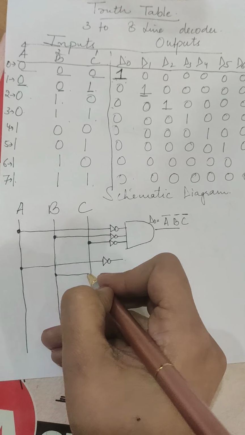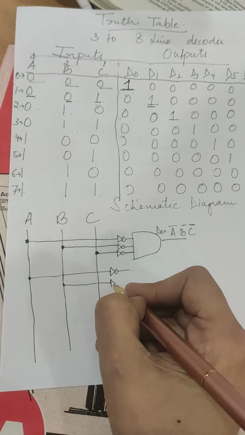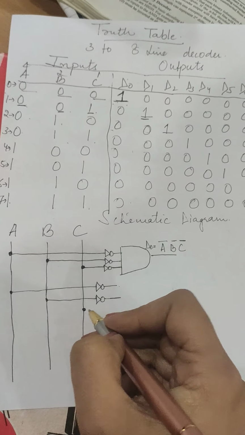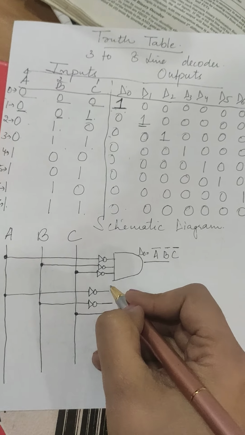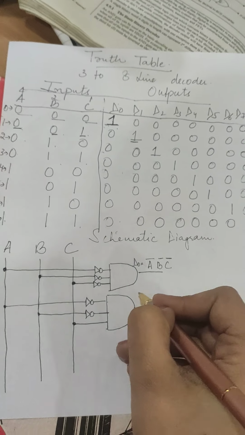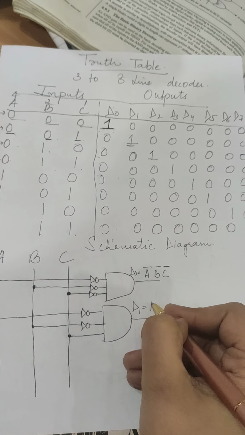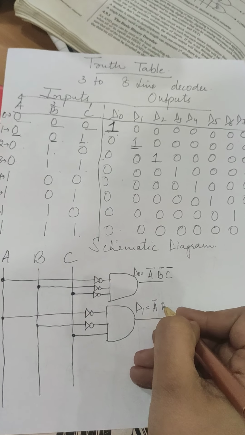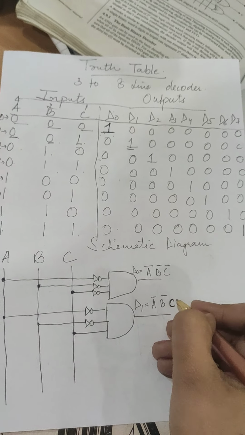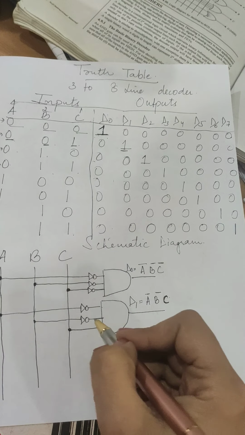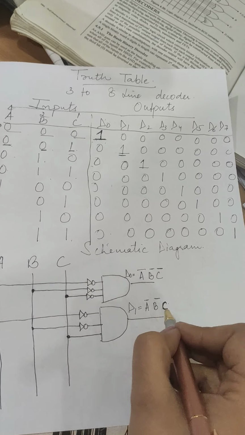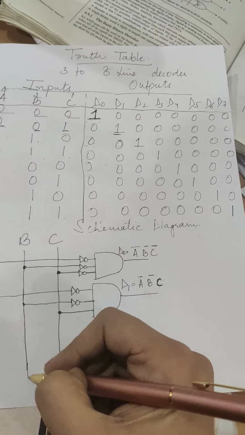B is 0, so again a NOT gate or inverter gate, but C is 1, so there is no need for an inverter. By combining all these, D1 will become A bar, B bar and C. 0 means bar, but C is 1, that's why C is mentioned as it is.